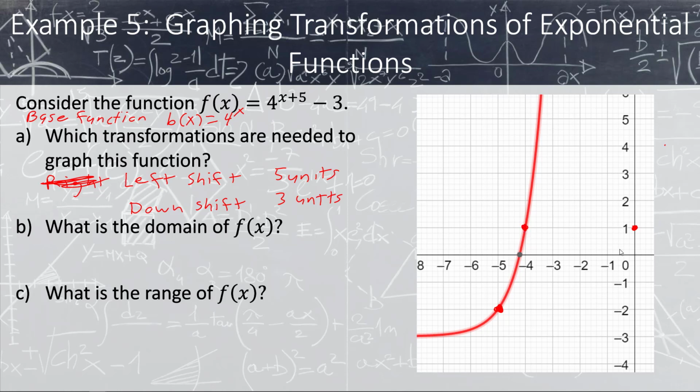Okay, and then similarly at negative 1, I should be at a quarter, which is right about there. So if I went left 5, that would bring me down to here. No, down to here, my apologies. And then if I went down 3, 1, 2, 3, that would put me right about there. So this actually does indeed work out.